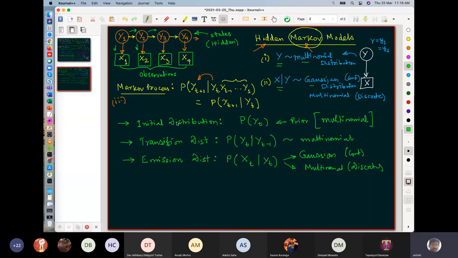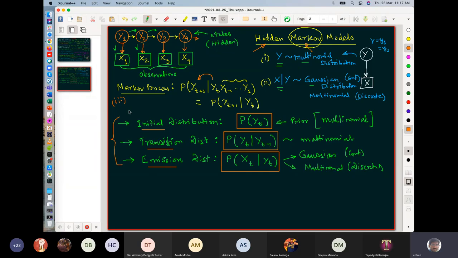I am just fixing them to keep my analysis going and make it closer to something realizable. In practice, these Gaussian or multinomial distributions can be something else, but the point is that I should have this information in my computation. You need to have the initial distribution, transition distribution, and emission distribution.